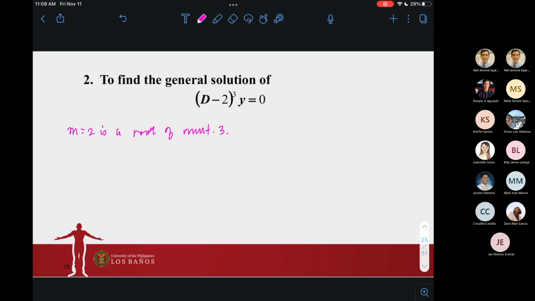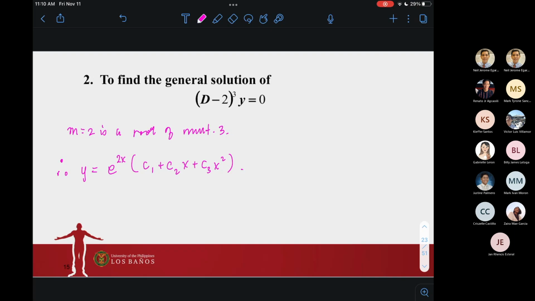So that means by case number 2, ang general solution natin dito ay e to the mx times a polynomial of degree 1 less than the multiplicity. Multiplicity 3 tayo, so yung polynomial multiplier natin ay quadratic. So we get c1 plus c2x plus c3x squared. There we go. That's our general solution.